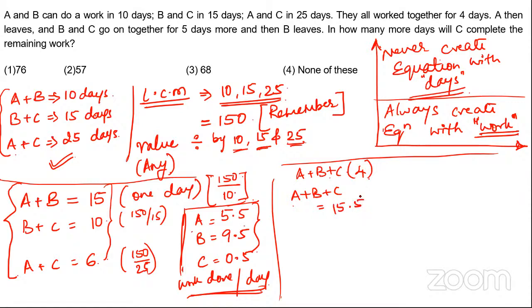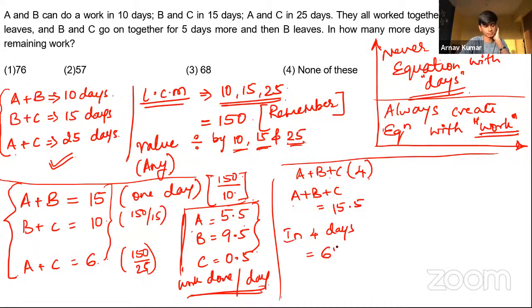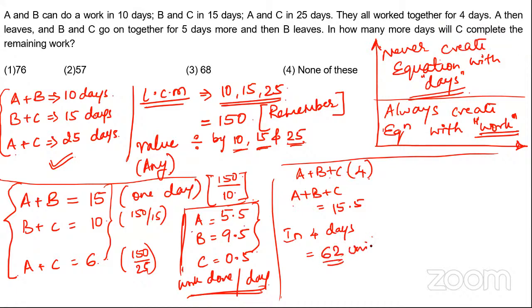So in 4 days, how many units will be done? 62 units. 15.5 because I have to add 5.5, 9.5 and 0.5, and 4 days means into 4.